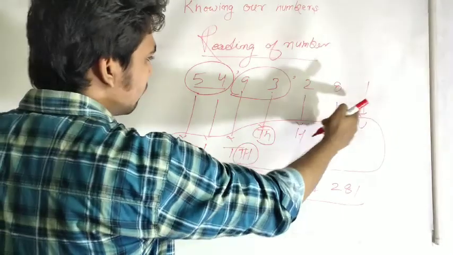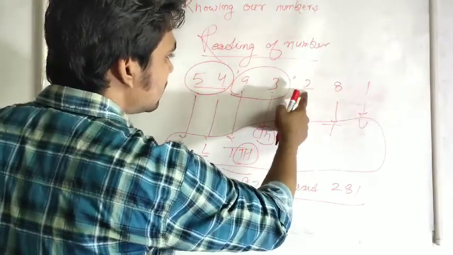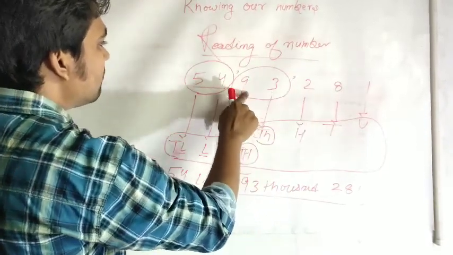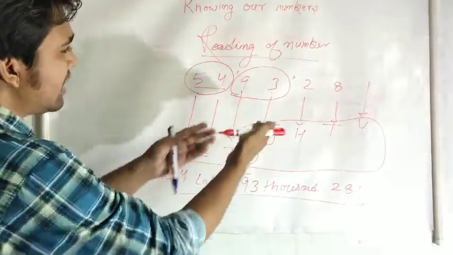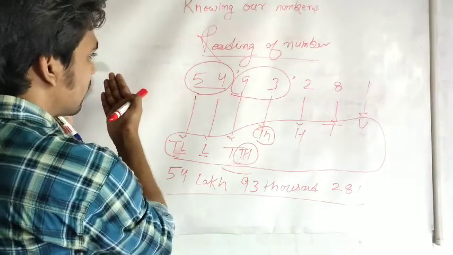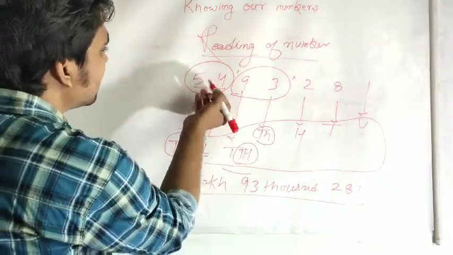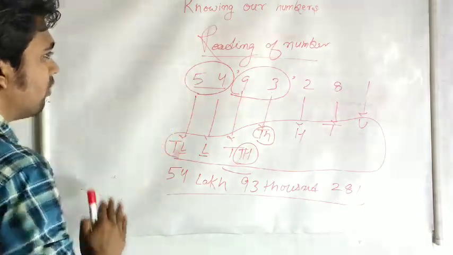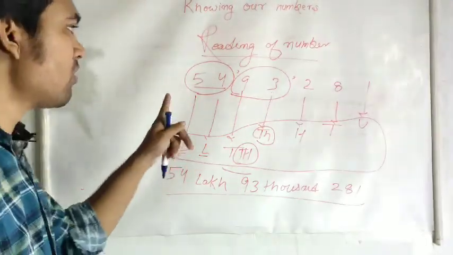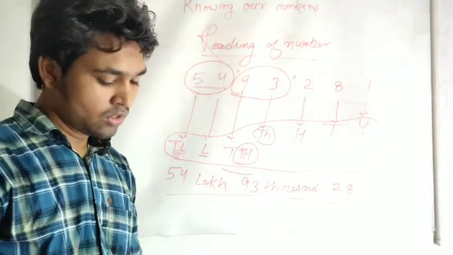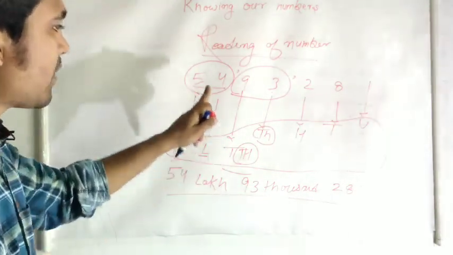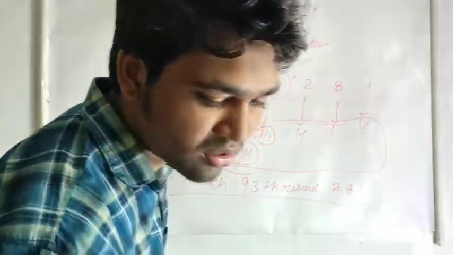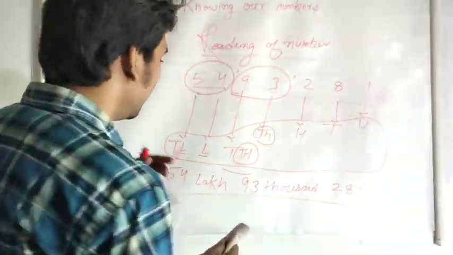We count 1 2 3, we put one comma, 1 2 3 4 5, we put the second comma, and if the number contains more digits, then we put a comma at the 7th place, and so on. This is the Indian pattern of reading numbers. Now we will discuss the international pattern.